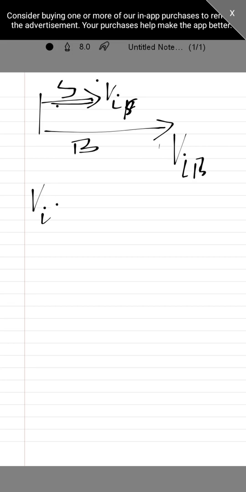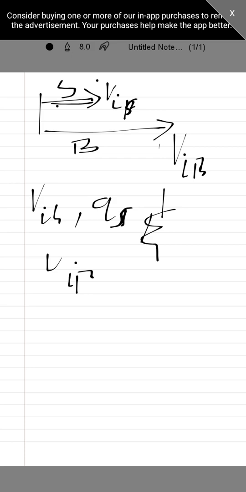We have found that these are the values of the variables given in the information. This is the acceleration with the subscript S, as this is for the silver spacecraft, and also we have VIB, the initial velocity for the black one, and the acceleration for the black one as well.